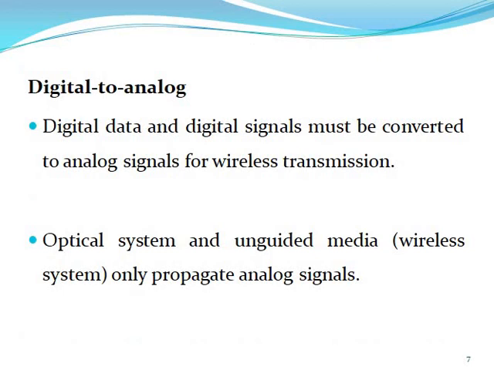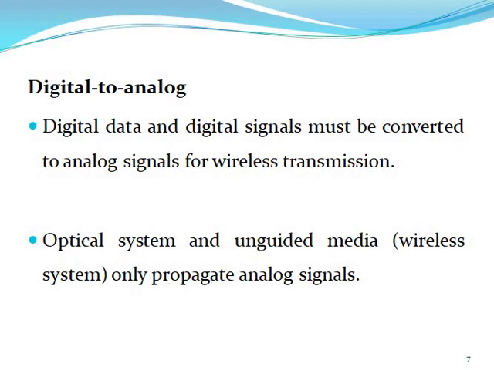Optical systems and unguided media only propagate the analog signal. First of all, what is unguided media? The medium through which you can transmit wirelessly is called unguided media. Unguided media is the wireless system in data transmission. So digital is converted to analog, because optical systems and unguided media only propagate the analog signal.